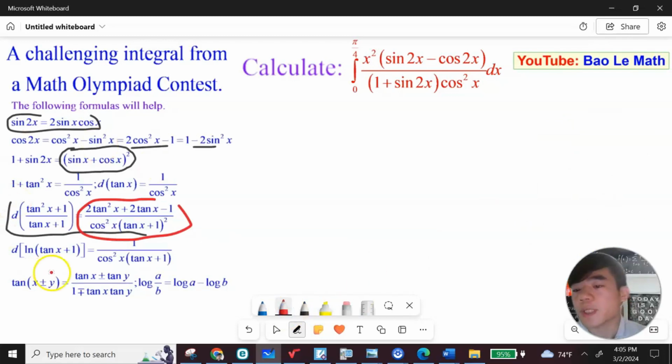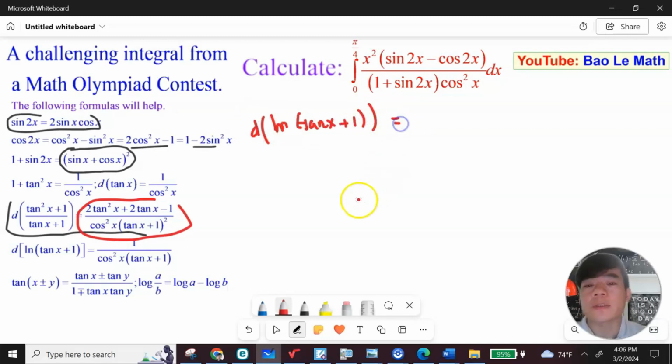So I need to prove this one: the derivative of natural log of (tangent x plus 1). We have natural log of u, and its derivative equals u prime over u. Here u equals tangent x plus 1, so the derivative is u prime over tangent x plus 1.